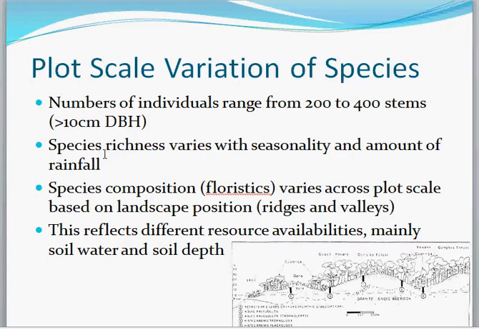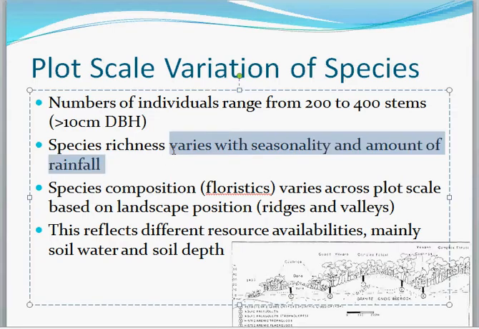So in other words, the processes which determine species richness, say the difference in species richness in a 1 hectare plot between the Amazon basin and Central America, Northern South America for instance, may not be completely due to the current seasonality and amount of rainfall, but may also be due to the historical disturbances of these forests during the last ice age, because Central America and Northern South America were much more impacted by drier conditions than the Western Amazon.